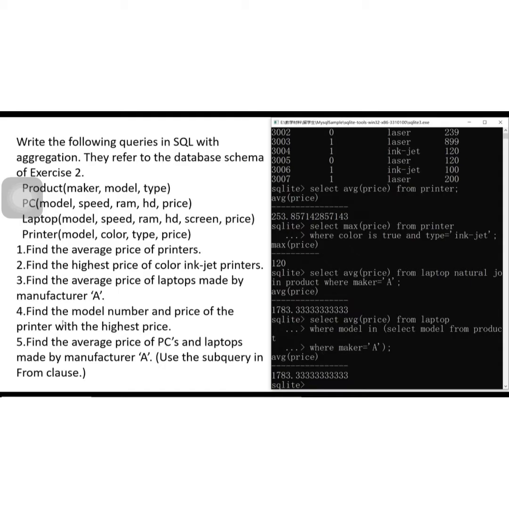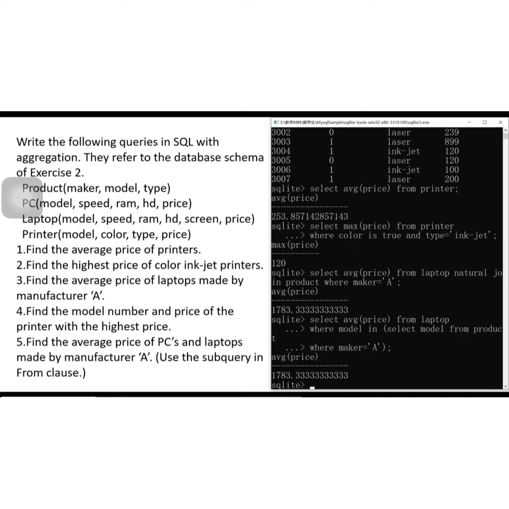Okay, then next one. Find the model number and price of the printer with the highest price. Last time we knew how to find this information by subquery with larger than or equal to, or not exists.